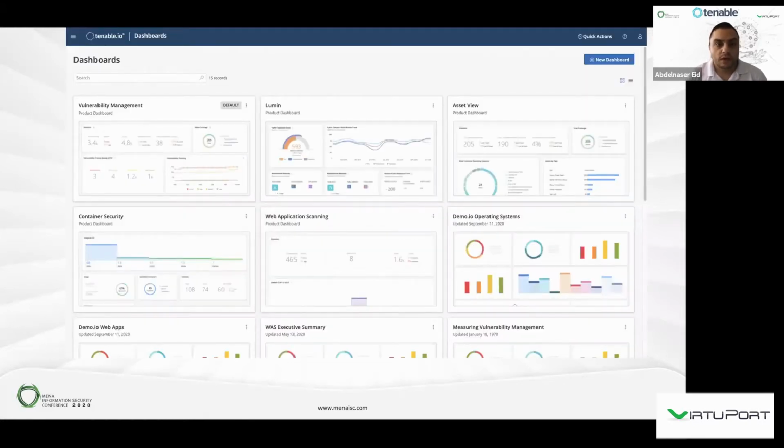So as you can see, the dashboard is very important to be informative, to be customizable, to carry the level of information related to the audience, to the proper audience.